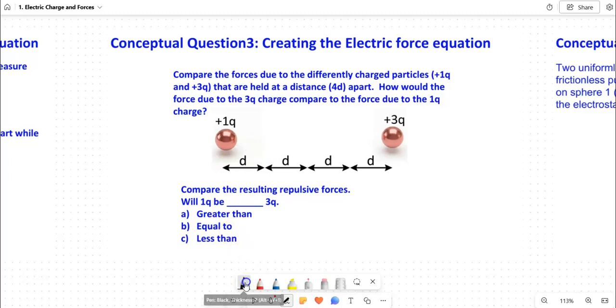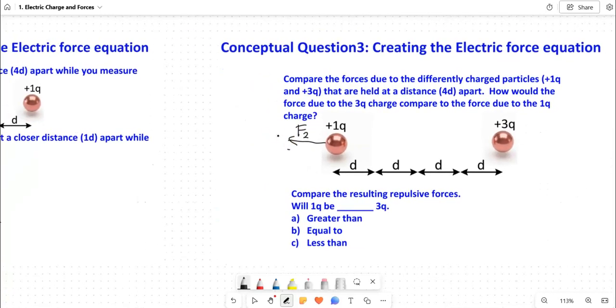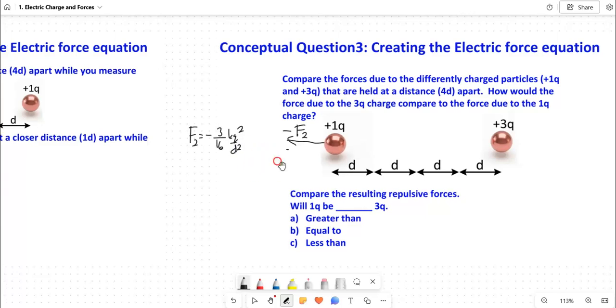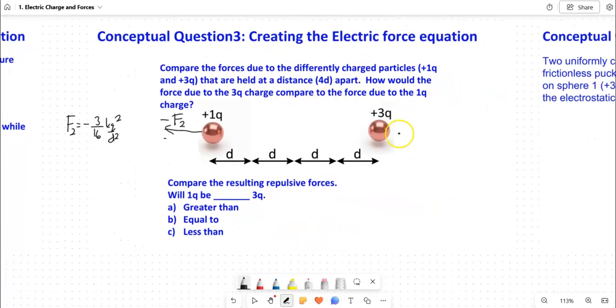Okay, so we know from our very first exam concept question that this was F2, which we worked out to be negative 3/16 kq squared over d squared. Now, let's look at this one. This positive charge is being pushed to the right due to this other positive charge.